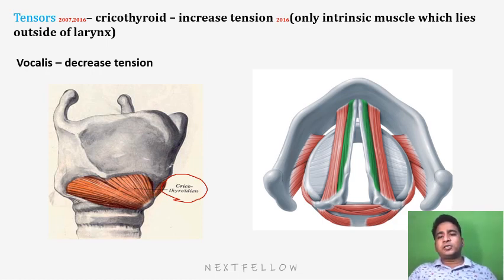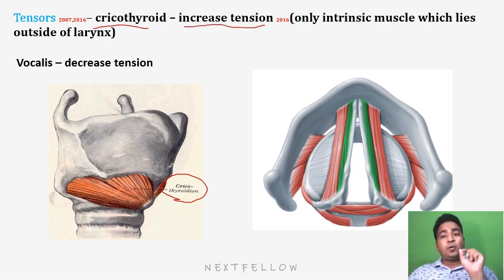These vocal cords are tensed because suppose these are resting in this position, and whenever this cricothyroid muscle contracts, it will go like this. So the length of the vocal cord increases. This is how the cricothyroid muscle is responsible for increasing the tension of the vocal cords.